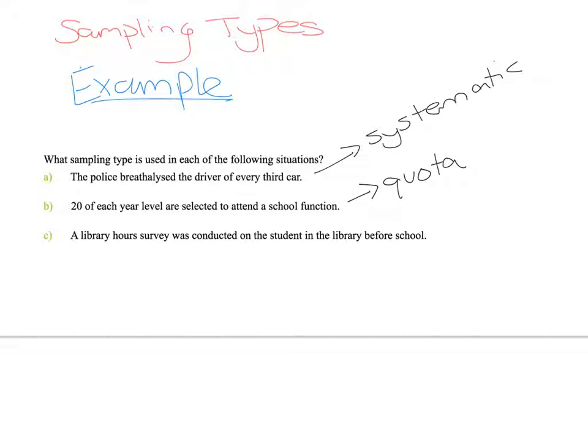And then C, a library hours survey was conducted on the students in the library before school. That is definitely accessibility sampling, one that we're not all that fond of due to its predetermined bias.